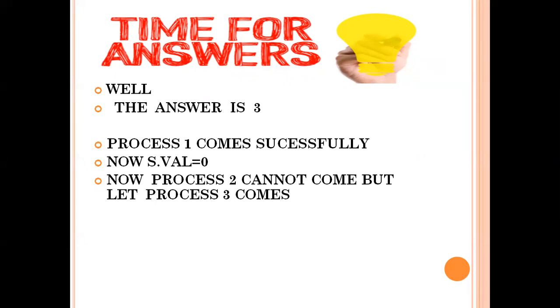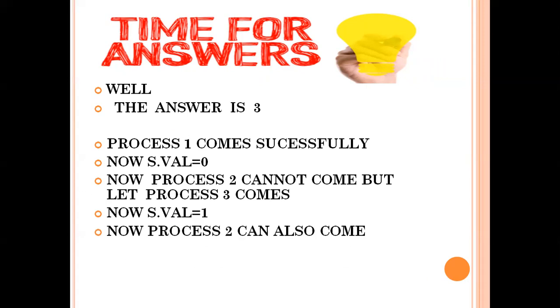So when process 3 enters, it enters by running the up code. So now the semaphore value becomes 1, and since the semaphore value becomes 1, process 2 can now enter because process 2 enters using down code. Process 2 comes, process 2 executes the down code, value of semaphore becomes 0. But now all three processes are there in the critical section.